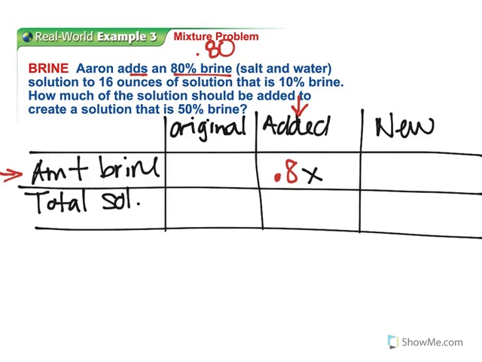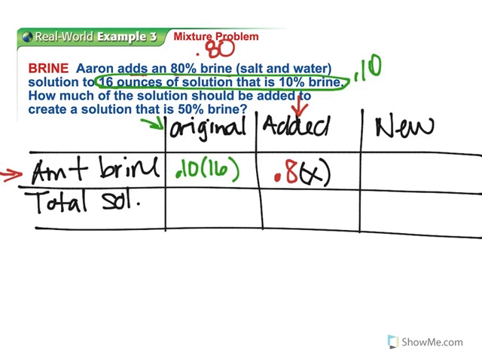And we don't know how much of the solution he did add, so we're going to let that be times x. Now, originally, we had 16 ounces. That was 10% brine. So that's going to be our original. We know that it's 10%, which we're going to write as 0.10. So we're going to have 0.10, and we know that this is multiplied by 16 ounces.